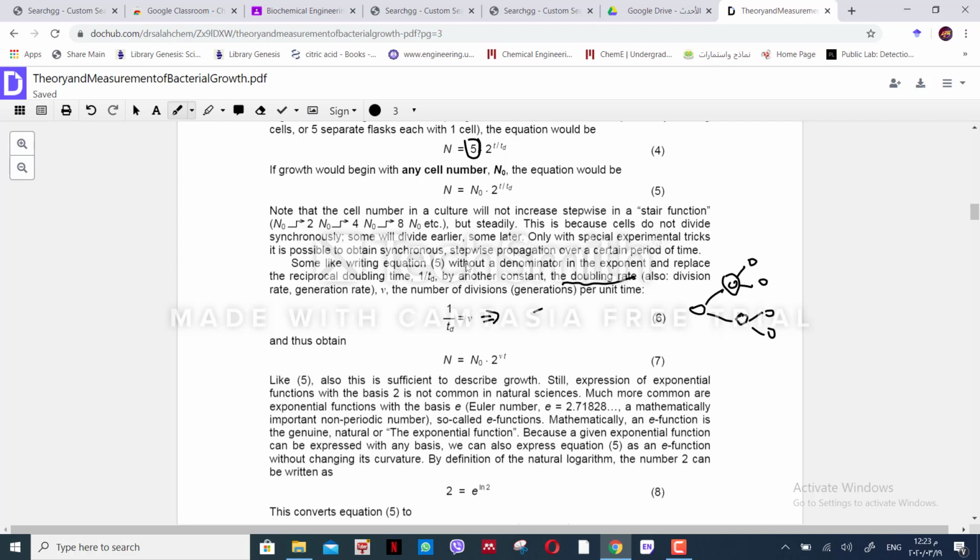So we correlate n with time. But we need to eliminate the 2 here, which is not suitable for our mathematical equations. The expression of an exponential function with a basis of 2 is not common in natural science.